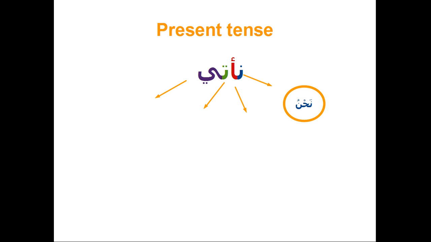You notice that نحن starts with noon, and the conjugation of the verb with it also starts with noon. ألف: when the verb is conjugated with أنا, it starts with ألف. I will add the example, just keep up with me.